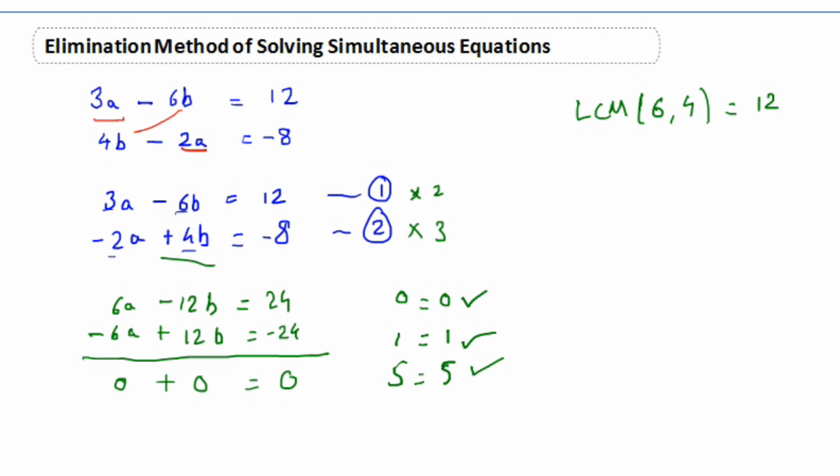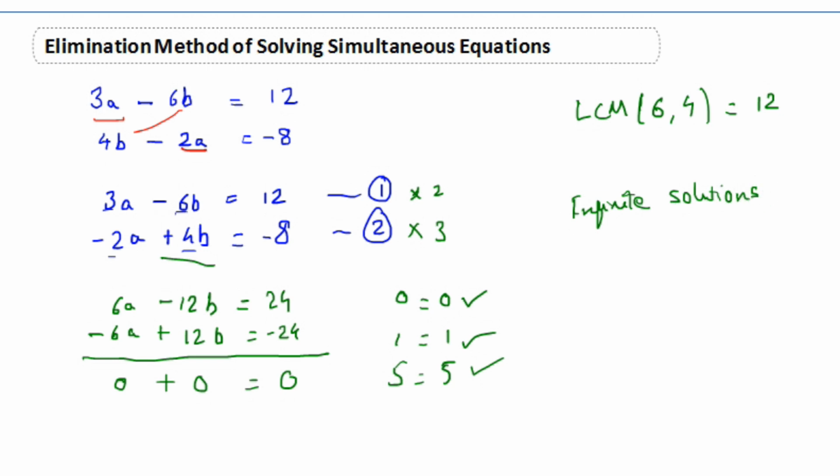So if it's a true equation, that means that there are infinite solutions. So one solution does not exist for these set of equations, and there are infinite solutions.